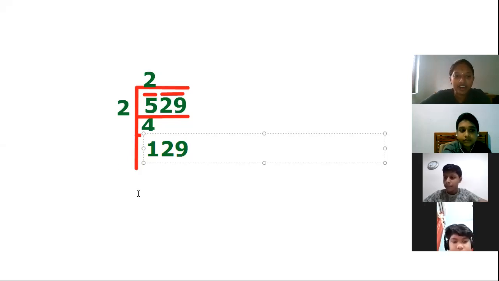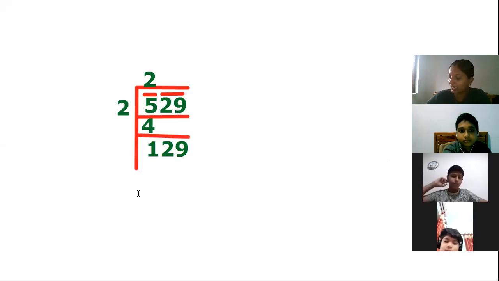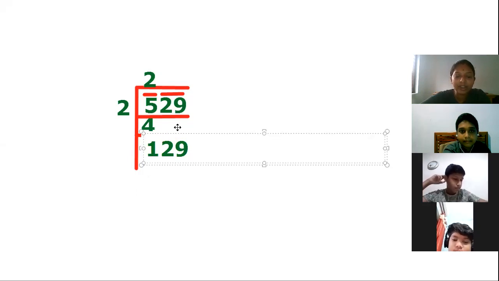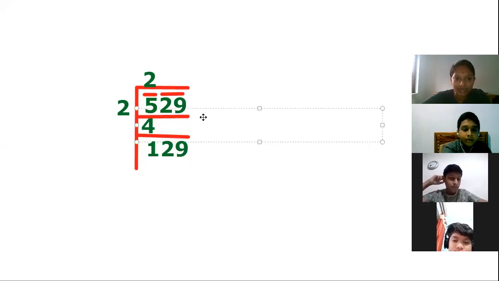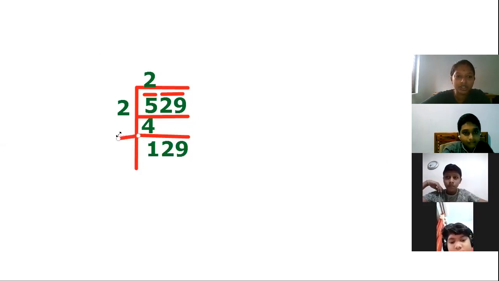Now, we have to divide this 129 by another number, which should be a 2-digit number, whose first digit should be 2 times 2. What is the value of 2 times 2? 4.